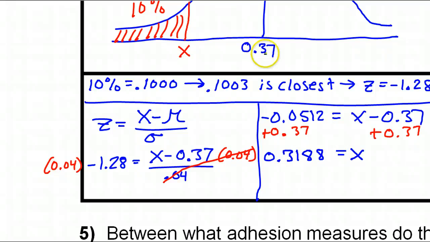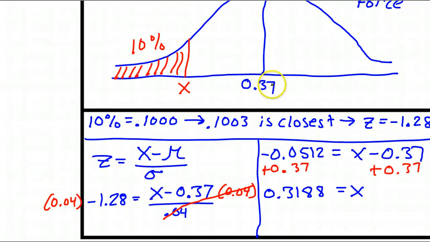This is just a value, not a percentage or anything like that. This is just how they measure adhesion force. So I am just going to go ahead and round this to 2 decimal places like the mean is. So round it to 2 decimal places, this would be 0.32, rounding up.